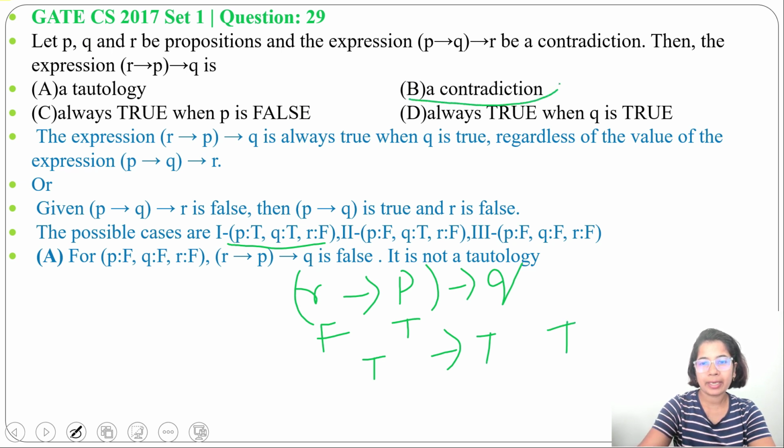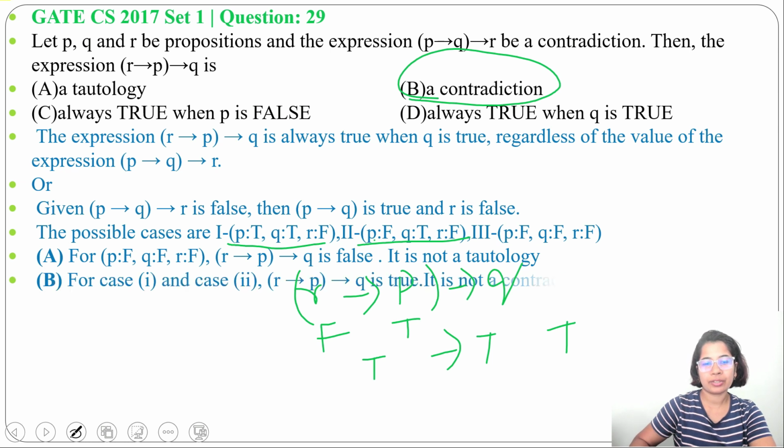As we are already getting true, it's not a contradiction. For contradiction, it should be always false. In case 2 also, false implies false, it's true, true implies true, it's true. So in both case 1 and case 2, the truth value is true, so it's not a contradiction. It's neither contradiction nor tautology, it's a contingency, a mix of both true and false.